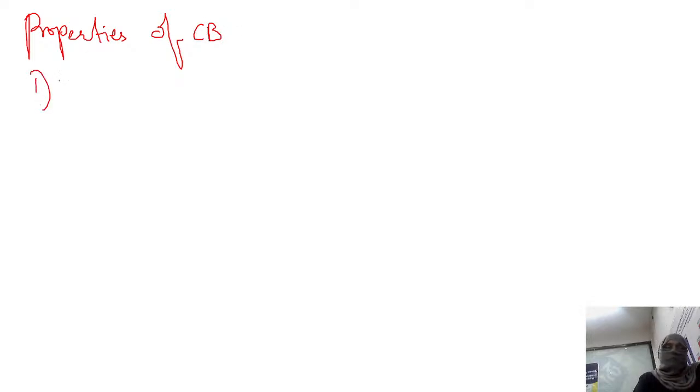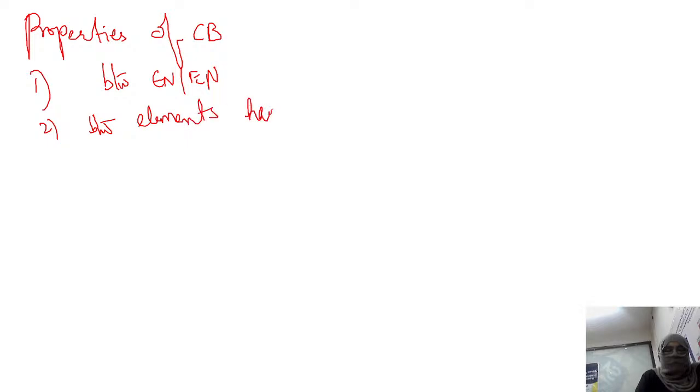First thing, what do you think it is formed between? It is formed between elements which are electronegative and electronegative. That means it is formed between elements having low or zero electronegativity difference.